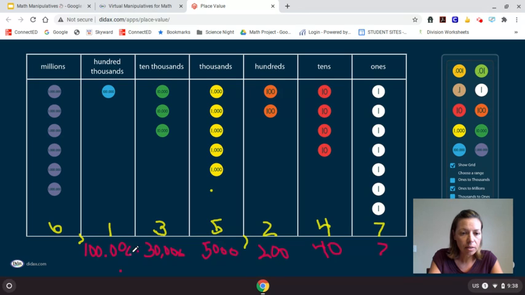100,000. And then all the way over here, we have millions. So we actually have to count by millions to find the value. 1 million, 2 million, 3 million, 4 million, 5 million, 6 million. So there may only be 6 discs, but that has a very large value of 6 million.